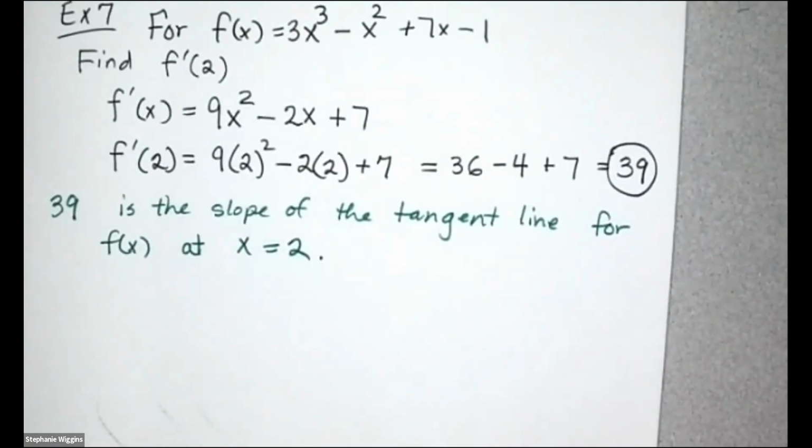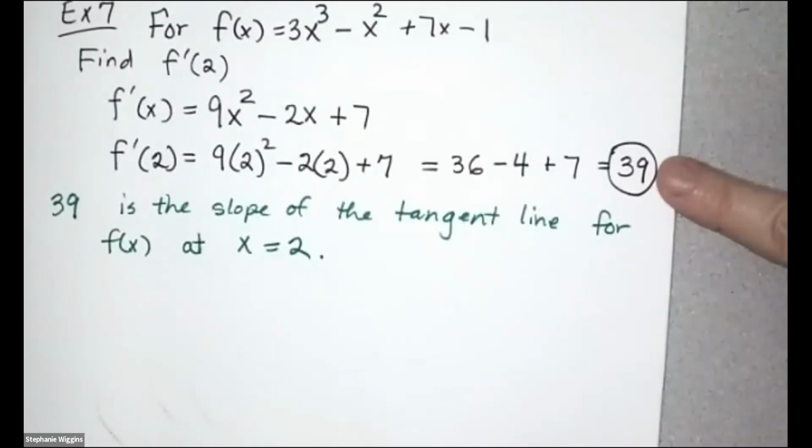That's the interpretation of that number. 39 is for the slope of a line. That's pretty steep. Maybe we can take a look at that on Desmos so you can see what that looks like.